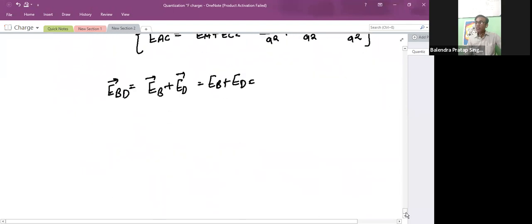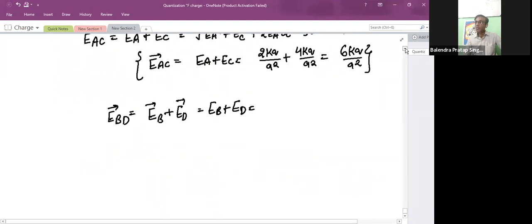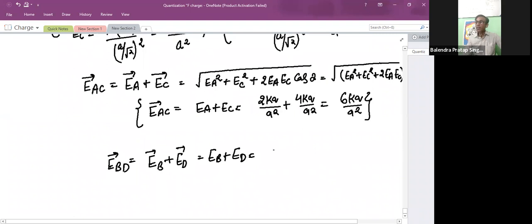If you add these two values, 4k q by a square plus 2k q by a square, you will get the value 6k q by a square.